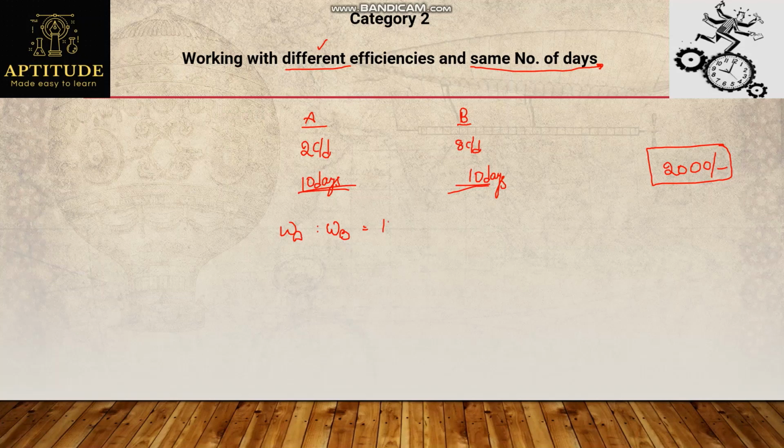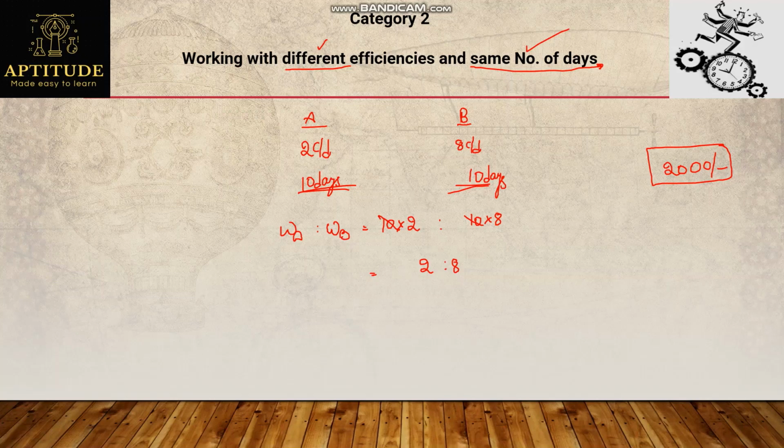Even if I consider 10 days, 2 chocolates per day, and B ate 8 chocolates per day for 10 days, if I take the ratio, the 10 and 10 will get cancelled because they work for the same number of days. So I simply need to consider their efficiency ratio whenever they are working for the same number of days.